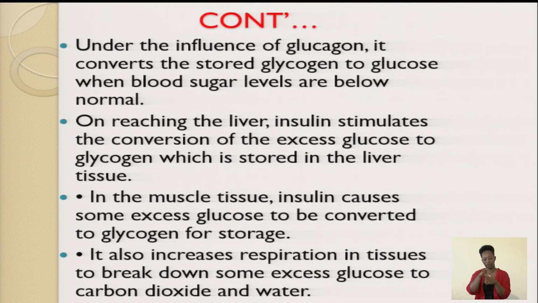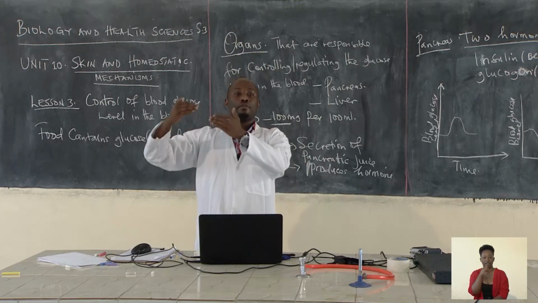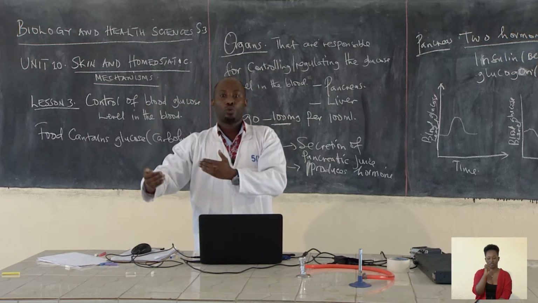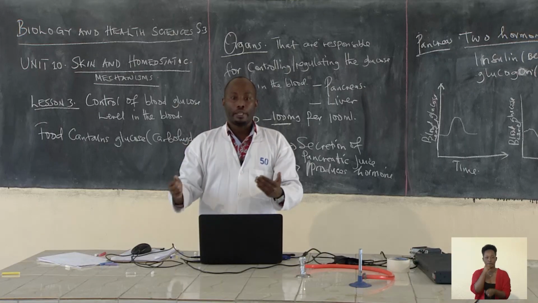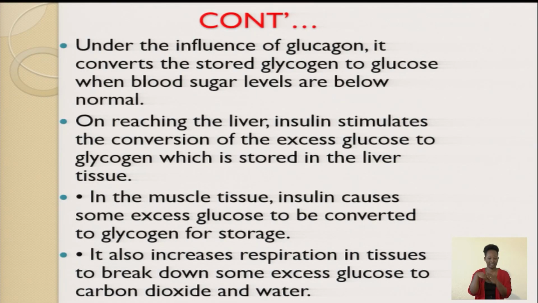Once the blood glucose level is very low, the stored glycogen has to be converted back to glucose, which is going to be used by the body cells. On reaching the liver, insulin also stimulates the conversion of excessive glucose to glycogen.